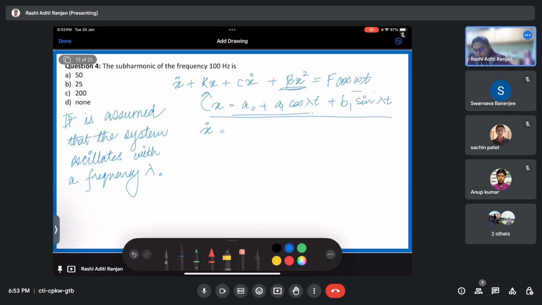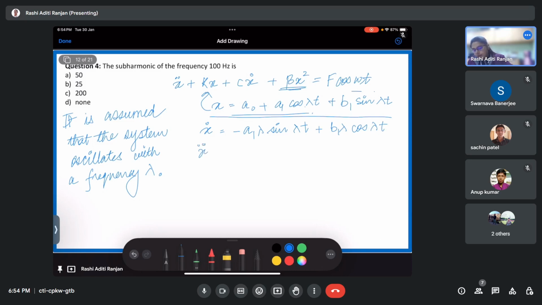So x dot: a0 is a constant, so its differentiation goes to 0. Then a1 cos of lambda t is differentiated to give minus a1 lambda sine of lambda t, and differentiating the sine function gives b1 lambda cos of lambda t.